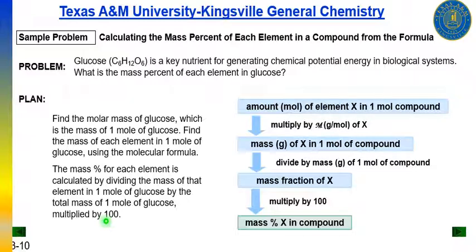So similarly in this flow chart, you determine the amount of the element in 1 mole of glucose. And then you simply multiply by the molar mass or atomic mass of that element. And then you determine the total mass of the element in 1 mole of your glucose compound.